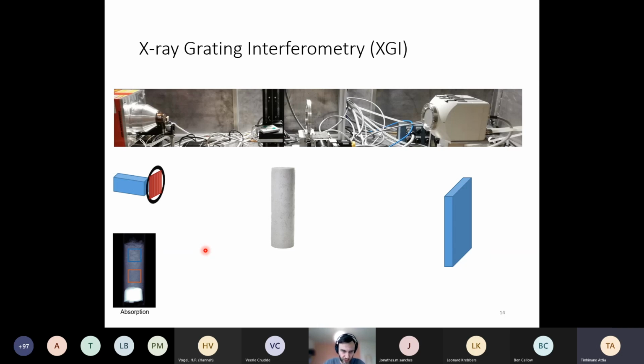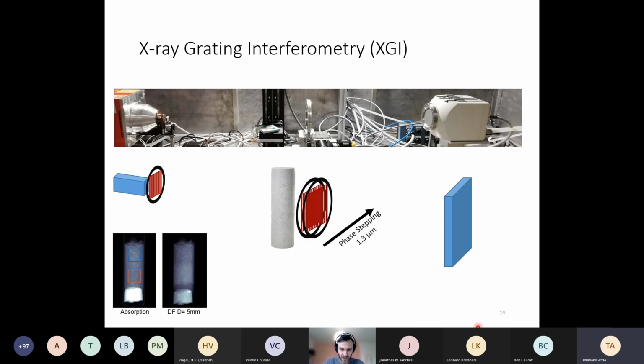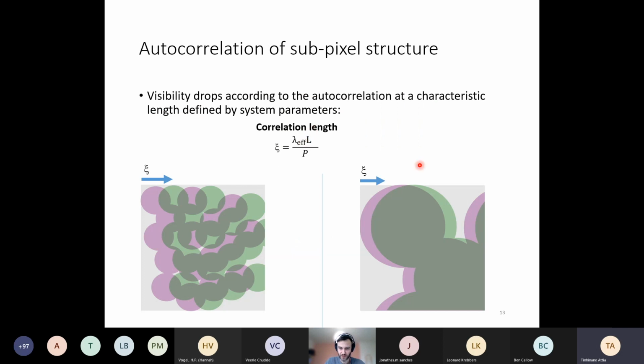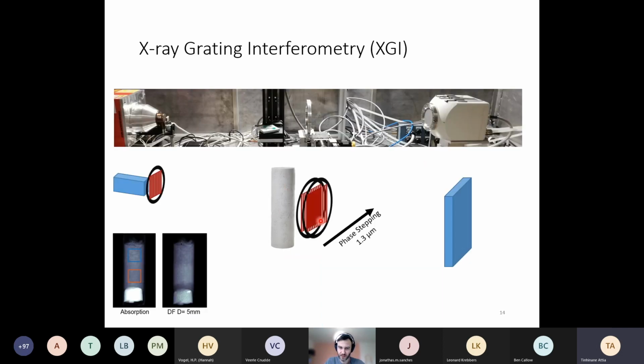I will show you an example to make this more tangible. So suppose that we are imaging a cylinder of material. We create an absorption image using conventional CT, then you may get something like this. Then you insert your gratings, you do your phase stepping, and you image the dark field signal or the visibility reduction, and you get something like this. And now you change the geometry of your system to change this autocorrelation length. How is this achieved? Well, the geometry is determined by this L, that's the distance between the sample and the second grating.